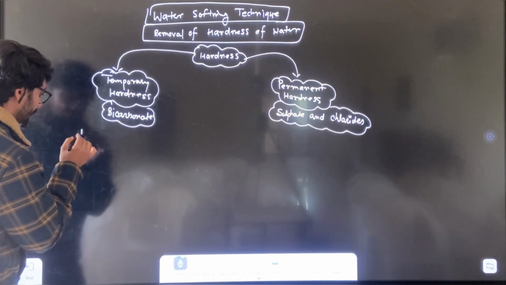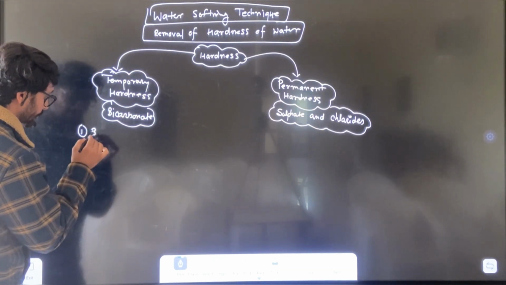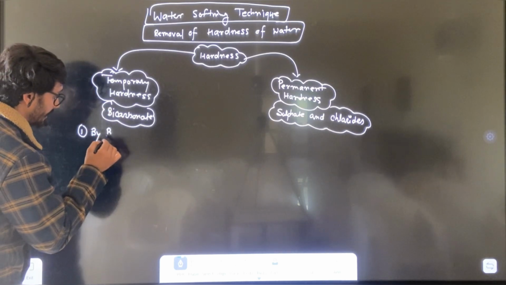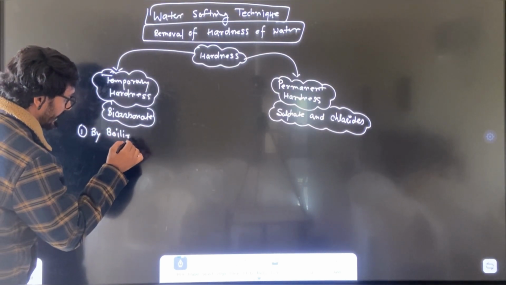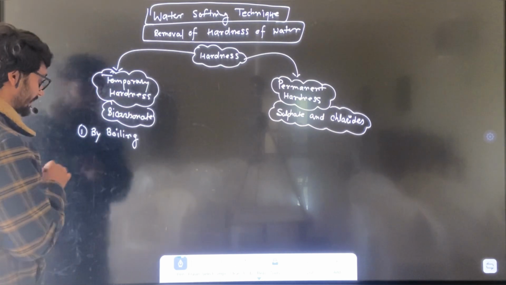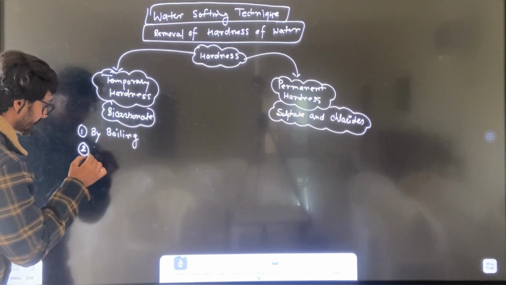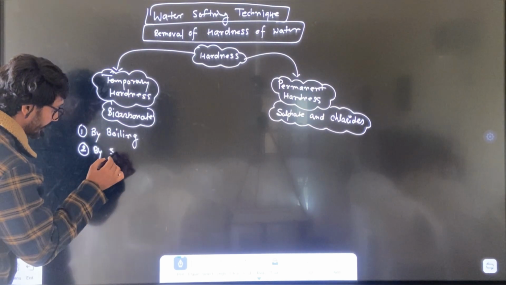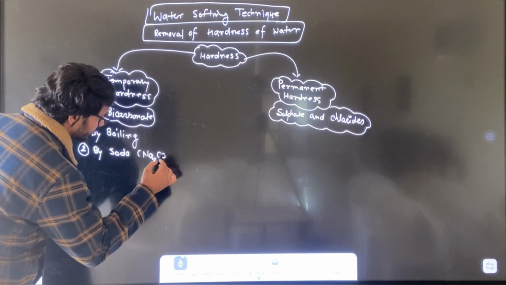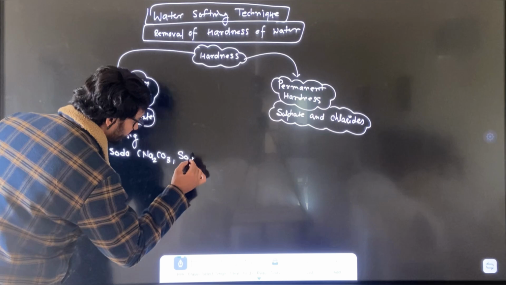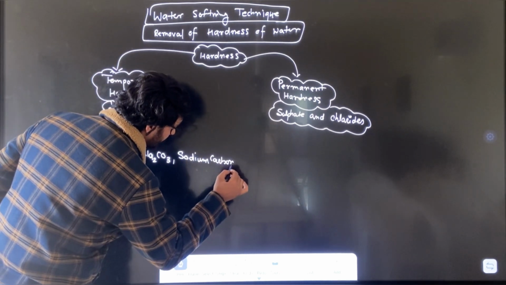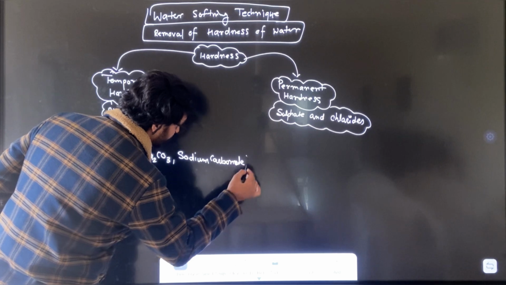That's why the first method to remove temporary hardness is by boiling. We can easily remove temporary hardness by boiling. The second method is by soda, which means sodium carbonate.